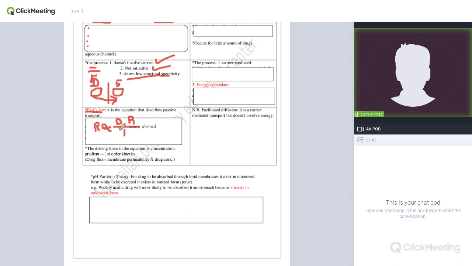We will call it T, for example. Okay, so what's the meaning of the thickness of the membrane here? We will discuss that now.